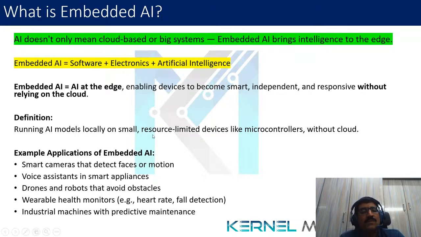Some examples: a smart camera that detects face or motion. Nowadays a door lock mechanism is there; if the camera detects a human, it automatically opens the door. That is an embedded AI application. Voice assistance is another: based on your voice, the device turns on or off. For these voice controlling features, the devices do not communicate with the cloud.